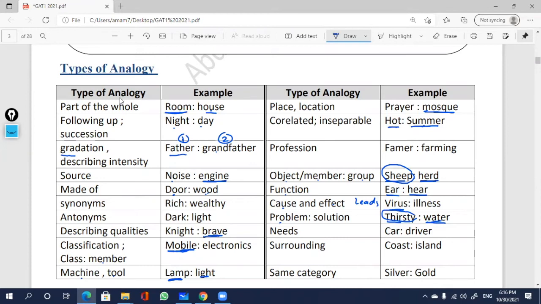Surrounding, coast, island. The coast surrounds the island. Another example of this one, we have garden. A garden is surrounded by a fence, I think.